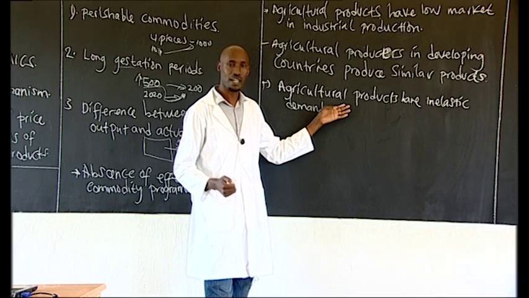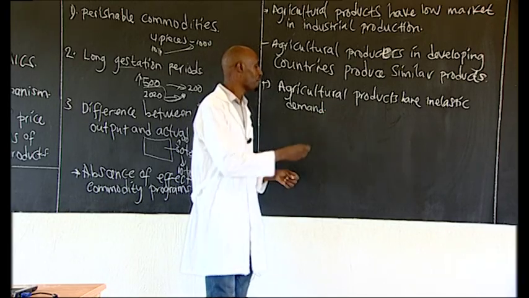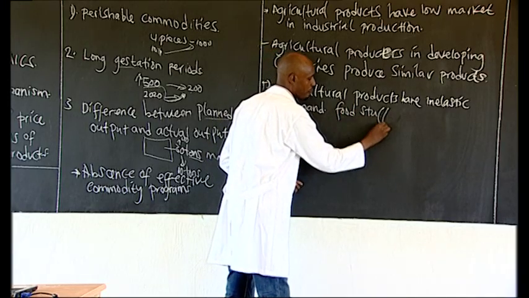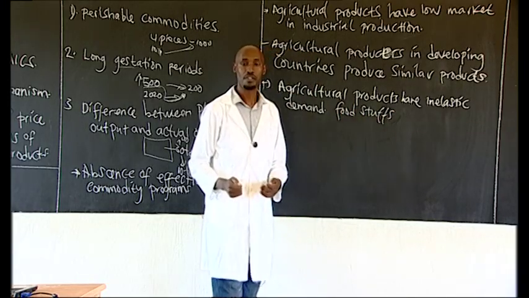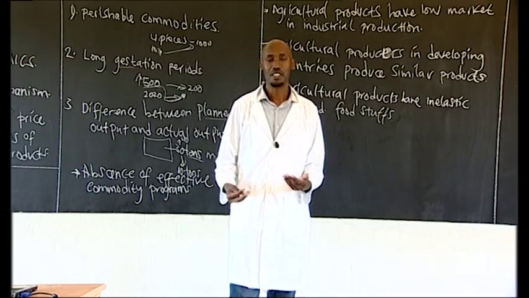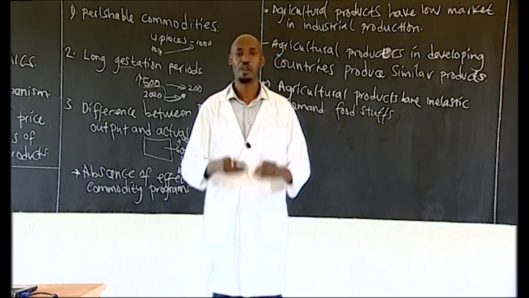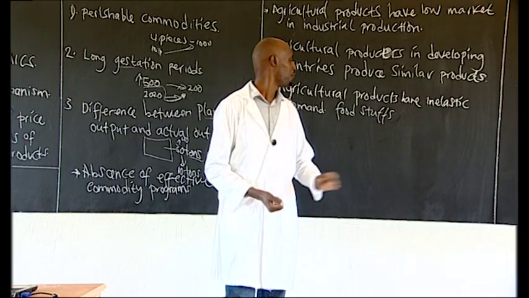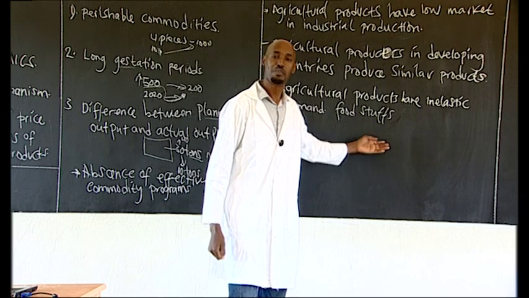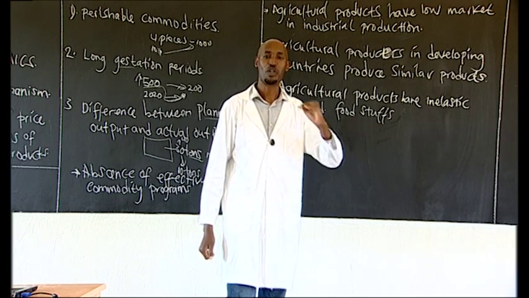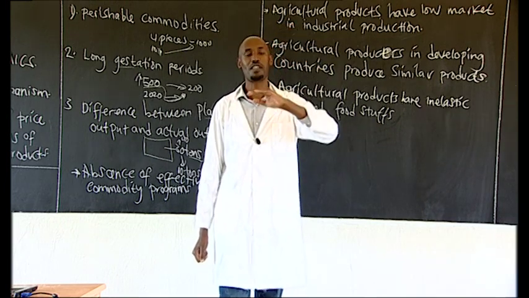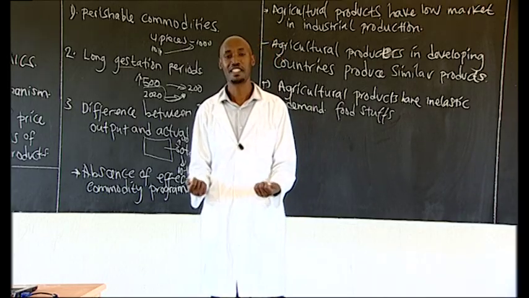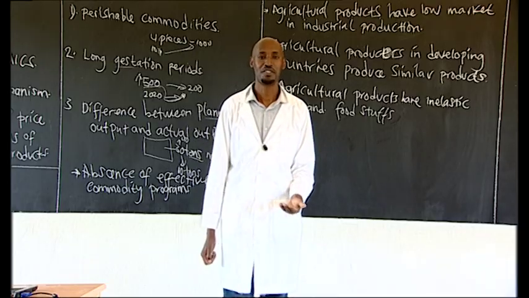For instance, these agricultural products, in most cases, they are foodstuffs. Every person needs to eat. So however much they increase the price, we shall stay buying food. We shall continue buying what? Food. So increase in the price does not stop us from buying food because we are supposed to eat. If we don't get money, then the government will buy for us.